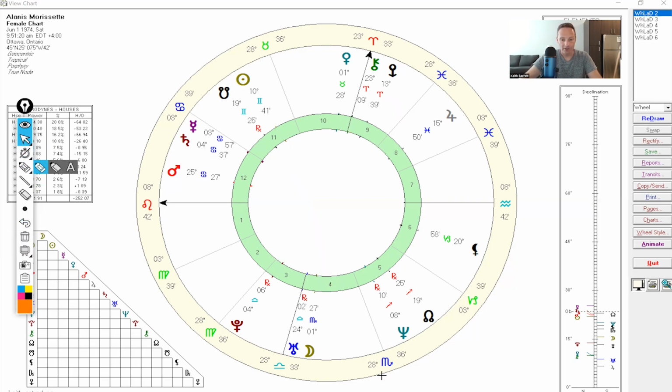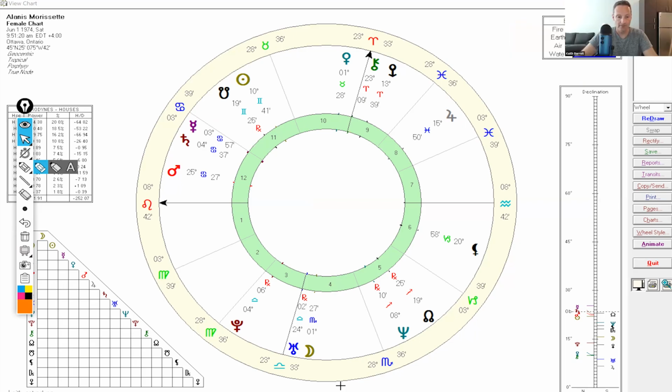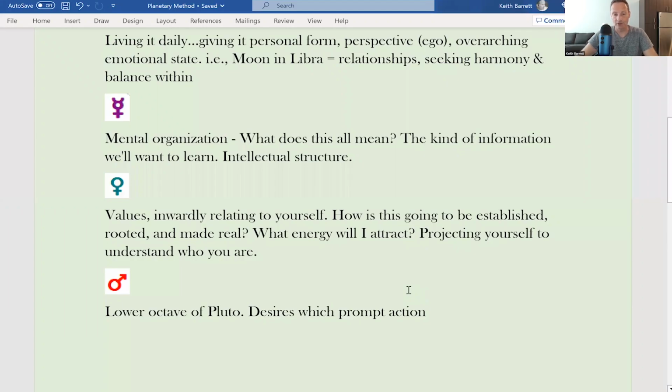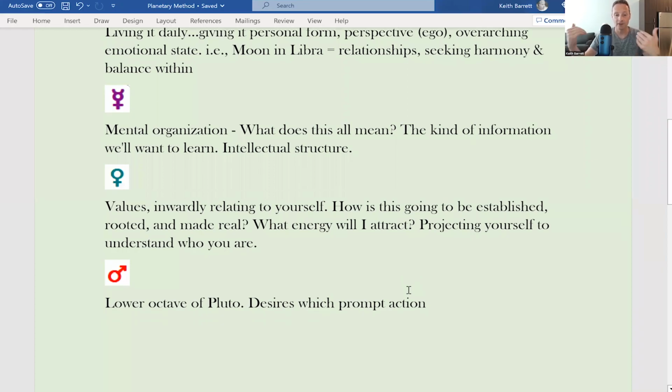So we have Mercury, and then we are going to go to Venus, which are the values, how she's inwardly relating to herself, how all of this experience is going to be established, rooted, and made real.